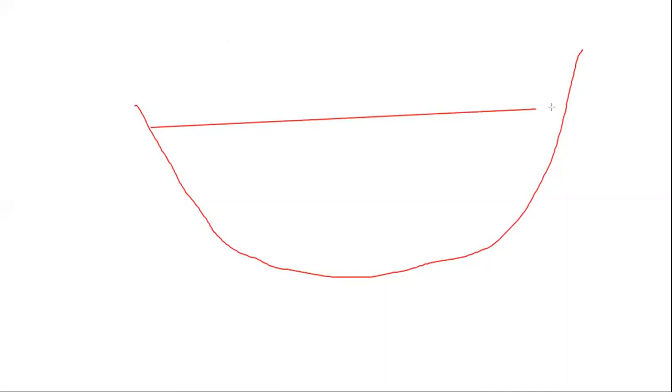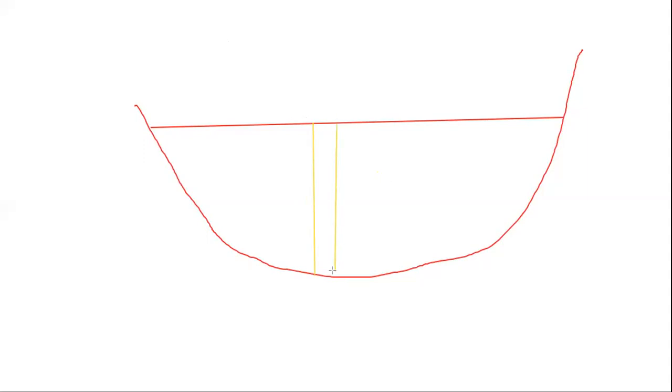I am intentionally taking it as a straight line to get an understanding of the phenomenon. Suppose this is one of the verticals, one of the segments which we have considered, and we want to measure the discharge passing through this particular section.